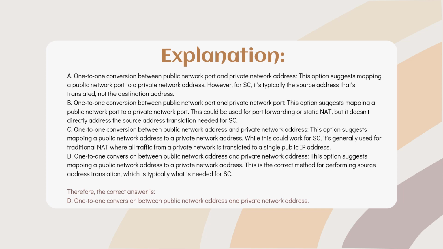D. One-to-one conversion between public network address and private network address. This option suggests mapping a public network address to a private network address. This is the correct method for performing source address translation, which is typically what is needed for SC. Therefore, the correct answer is D. One-to-one conversion between public network address and private network address.